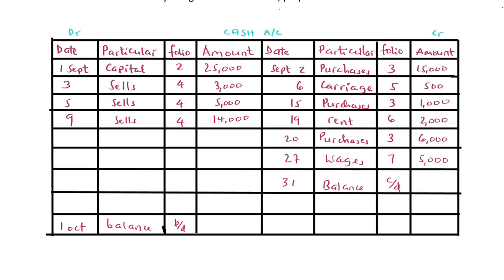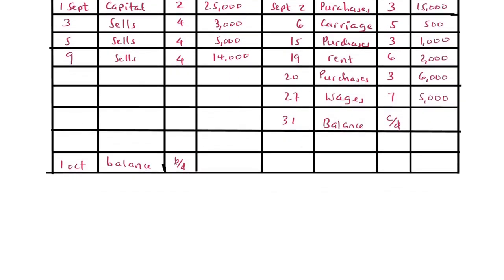Okay, so we have finished all the transactions. Let us now finalize our cash book by finding the sum on our debit side, which after summing the values, the total is 48,000. And also we are going to take the same value on our credit side, 48,000.